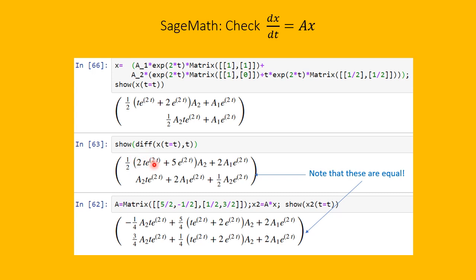We could also check similarly to see what kind of terms we have involving a2, just e to the 2t, without a factor of t like we had here, and also the a1 e to the 2t terms that we have here. The a1, I guess, is pretty easy.